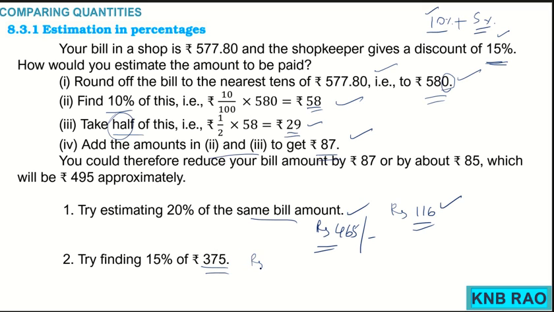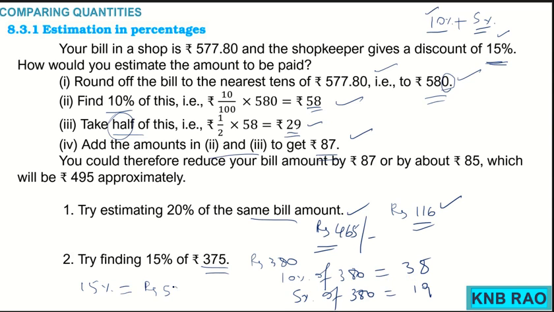It becomes rupees 380, and 10% of it is 38, and 5% of 380 is half of this, that is 19. So the sum of them, 15%, is roughly 57.